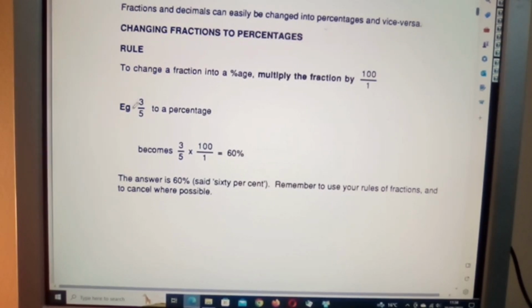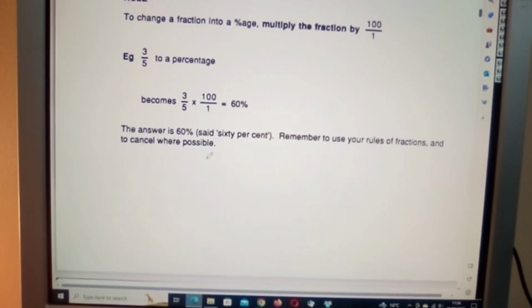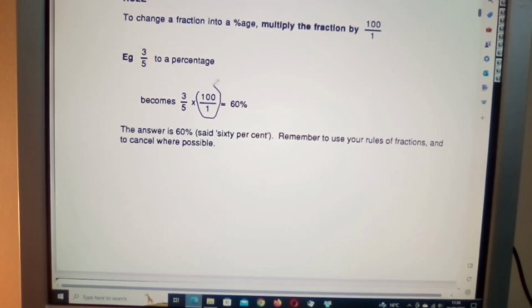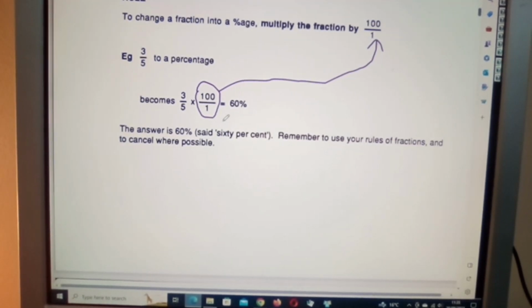Example: 3/5 to a percentage, you times it by 100 over 1, times by 100, that then equals 60%.